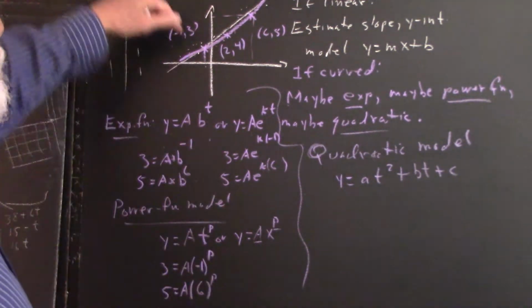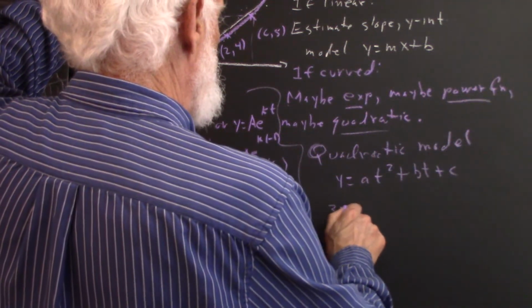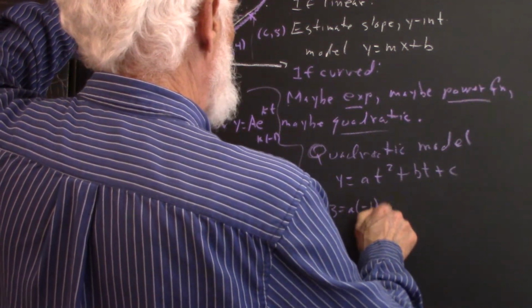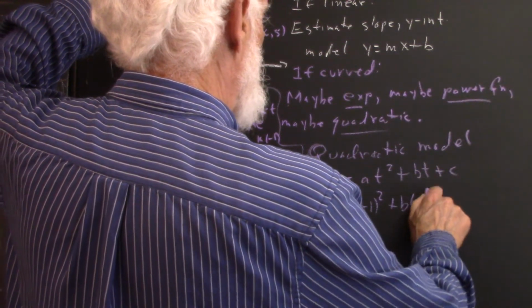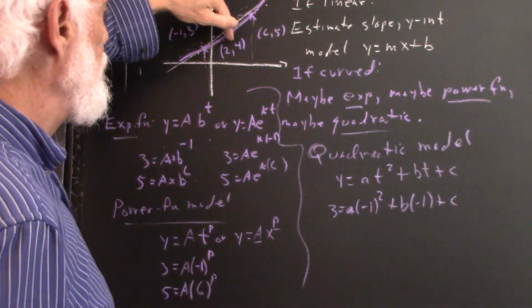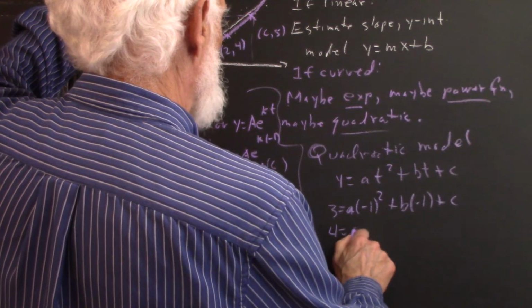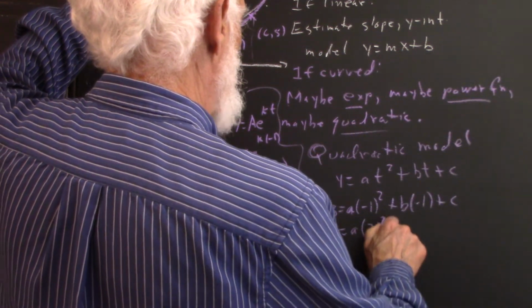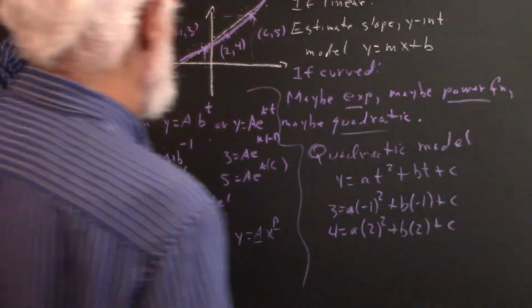Okay, so y equals 3 when x equals negative 1, so we get 3 equals a times negative 1 quantity squared plus b times negative 1 plus c. Then y is 4 when x is 2, so we get 4 equals a times 2 squared plus b times 2 plus c.